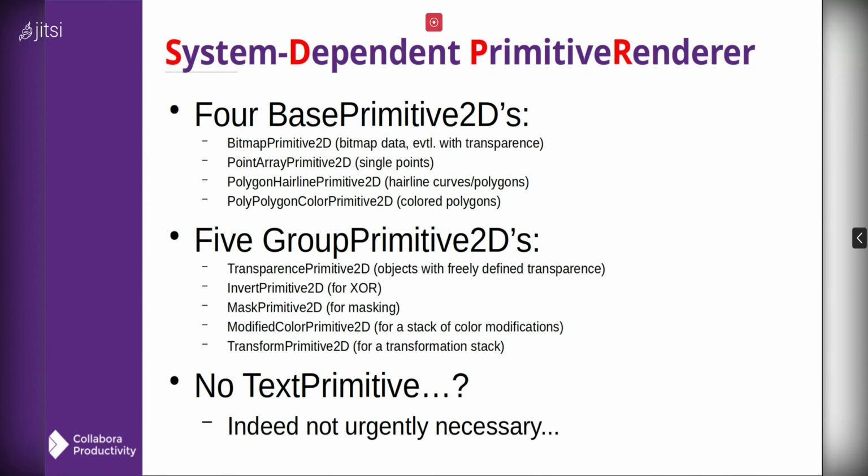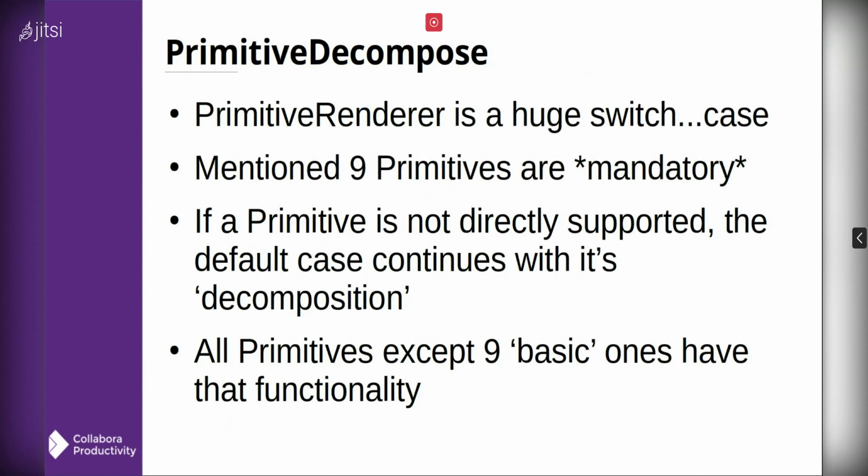Yeah, it's indeed not urgently necessary because the primitives support something called decompose. So the primitive renderer is, in principle, a huge switch case. I mentioned the 9 primitives which are mandatory to make it feature complete.